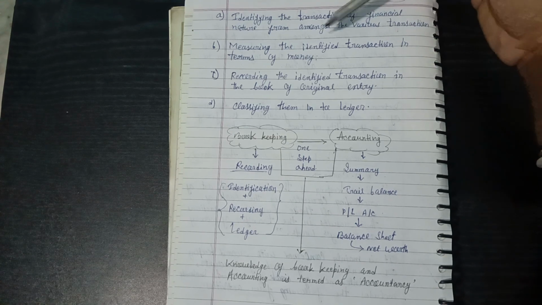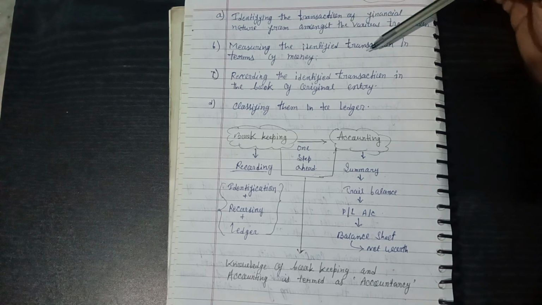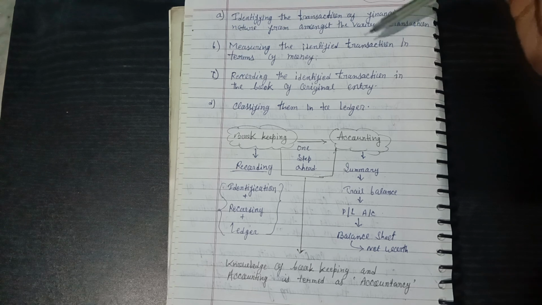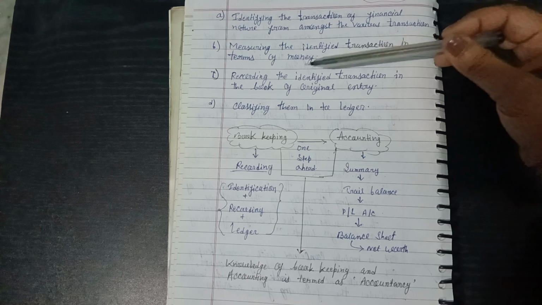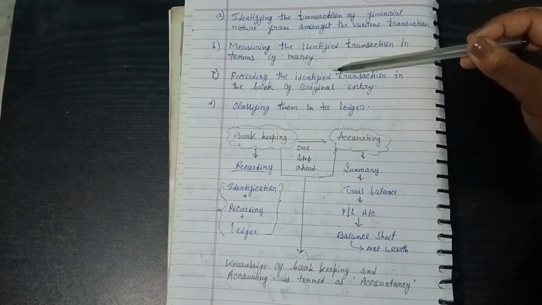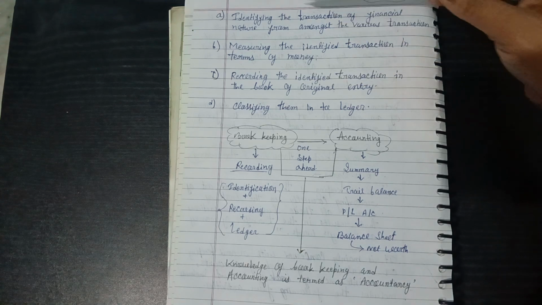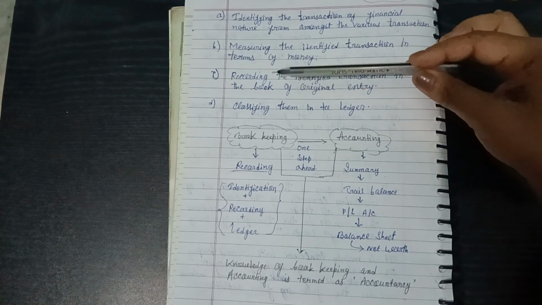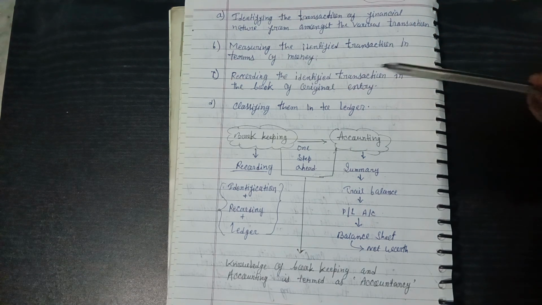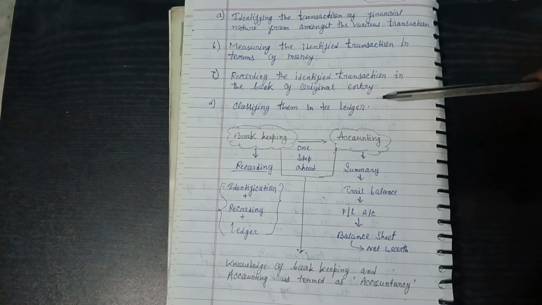After that, measuring the identified transactions in terms of money, and then recording the identified transactions in the book of original entry. First identify, then measure in terms of money, then record the identified transactions in the book of original entry, and the last, classifying them into ledger.